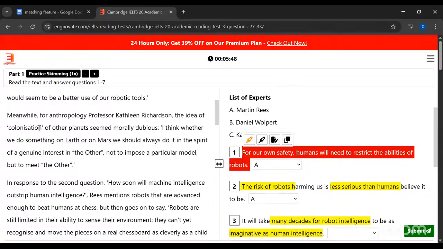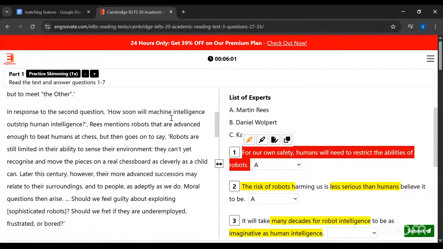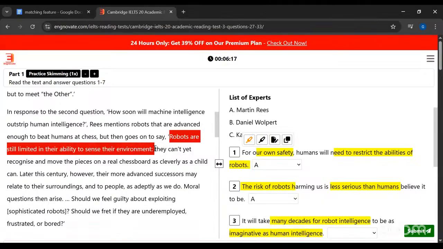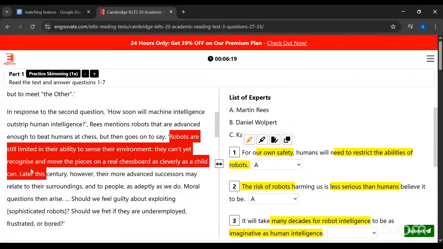Idea of conversion of other planets seems morally dubious. I think whether we do something on Earth or, okay, these are two lines. I think these are somewhat relevant.